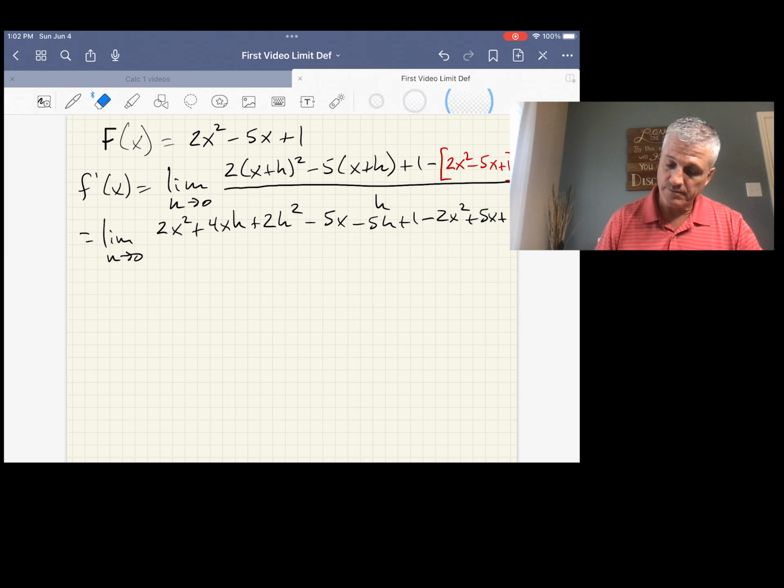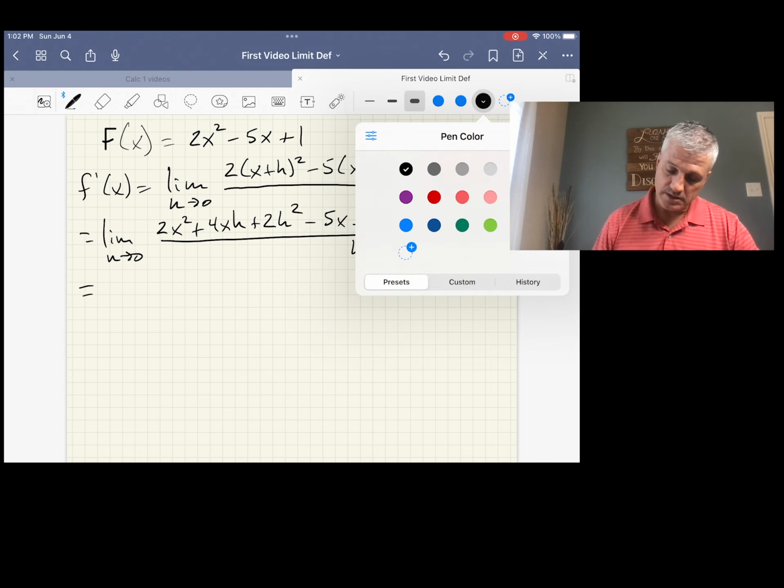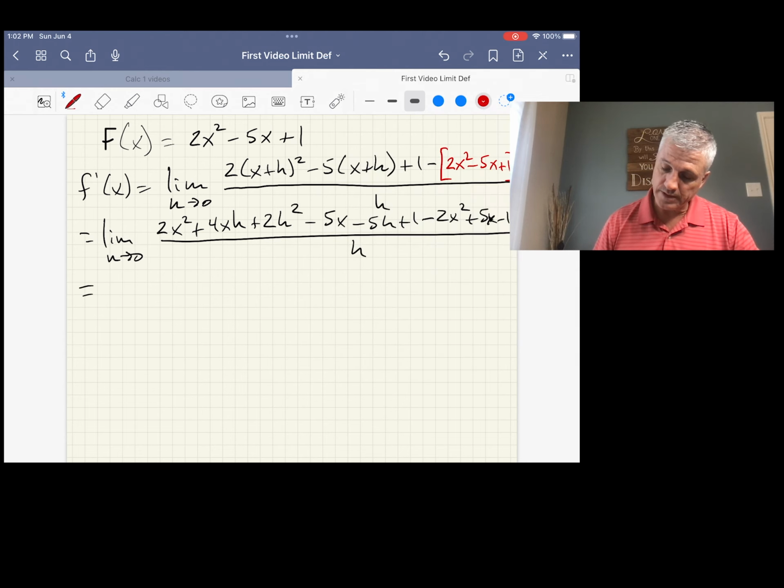Minus 1. All over h. Okay, so now let's just go through and make sure we see what all cancels. The 2x squareds cancel, the 5x's cancel, and the 1's cancel.